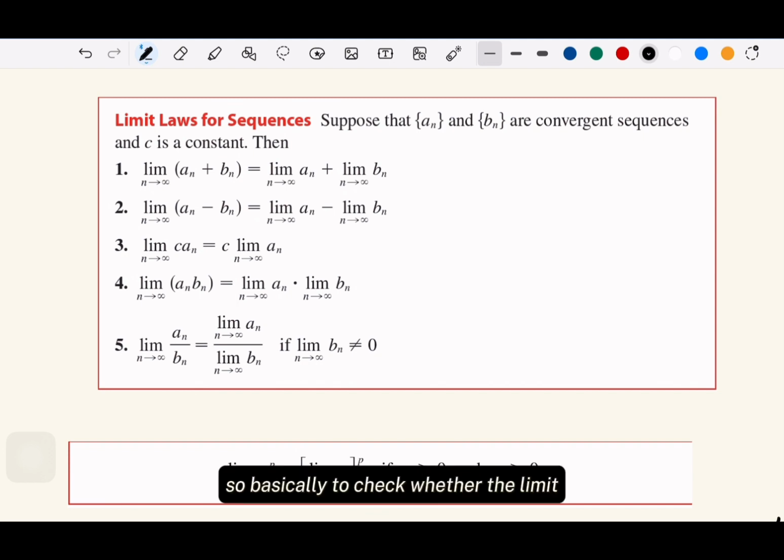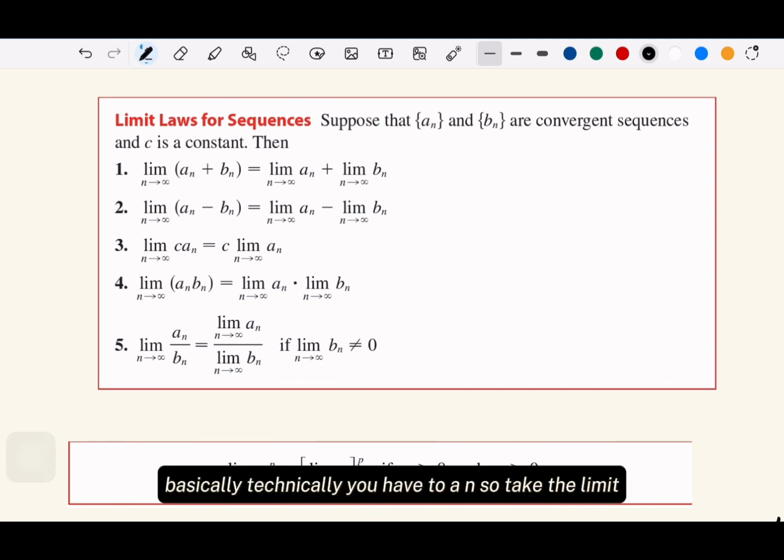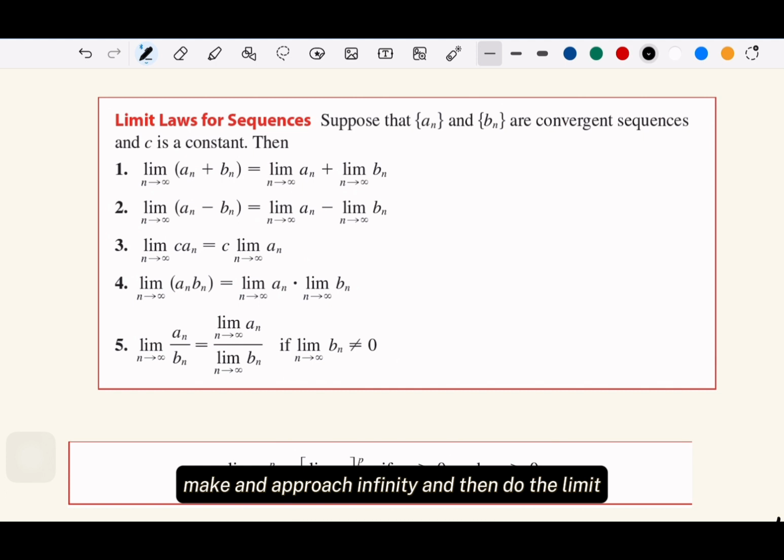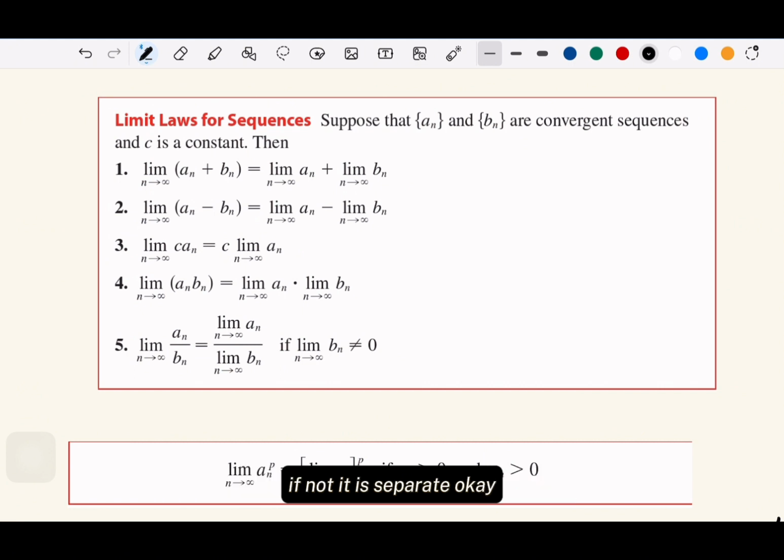So basically, to check whether a sequence converges or diverges, you take the limit. You have the a_n, so make n approach infinity, and then do the limit. If you get a value, then it means it's converged. If not, it is diverged.